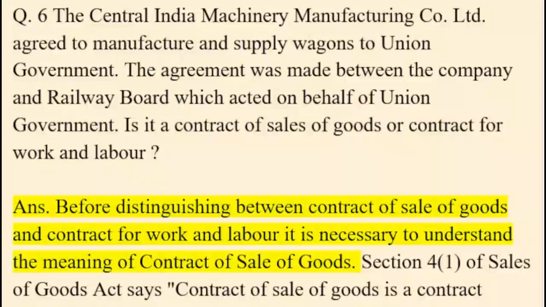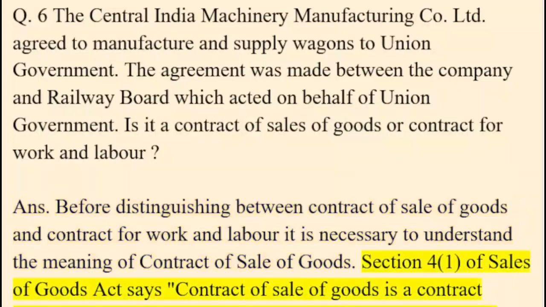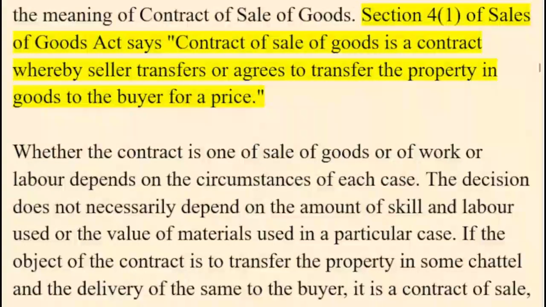Ans. Before distinguishing between contract of sale of goods and contract for work and labor, it is necessary to understand the meaning of contract of sale of goods. Section 4(1) of Sale of Goods Act says, contract of sale of goods is a contract whereby seller transfers or agrees to transfer the property in goods to the buyer for a price.